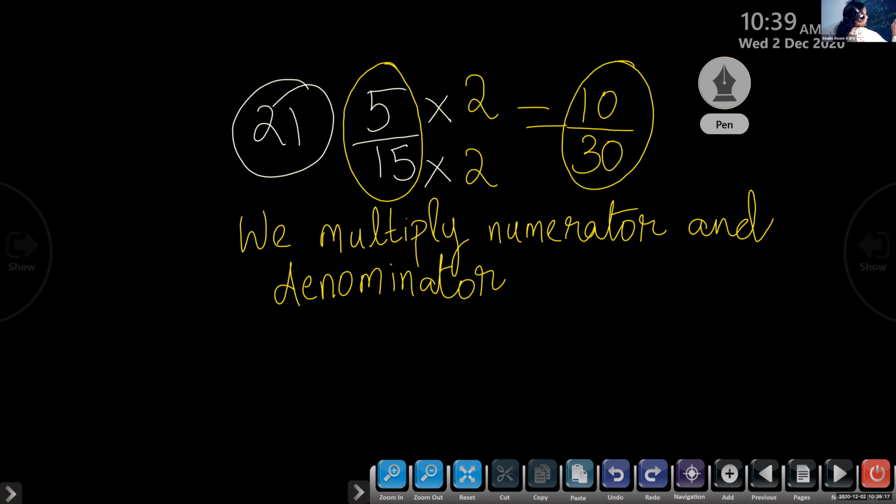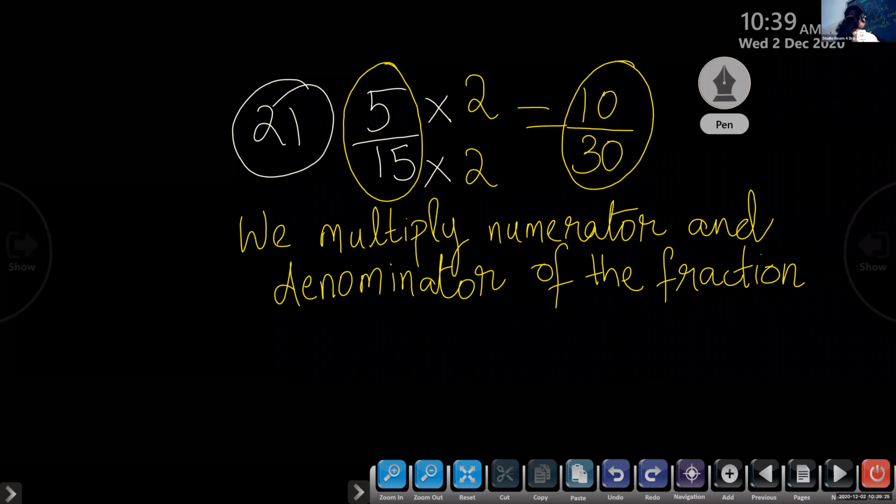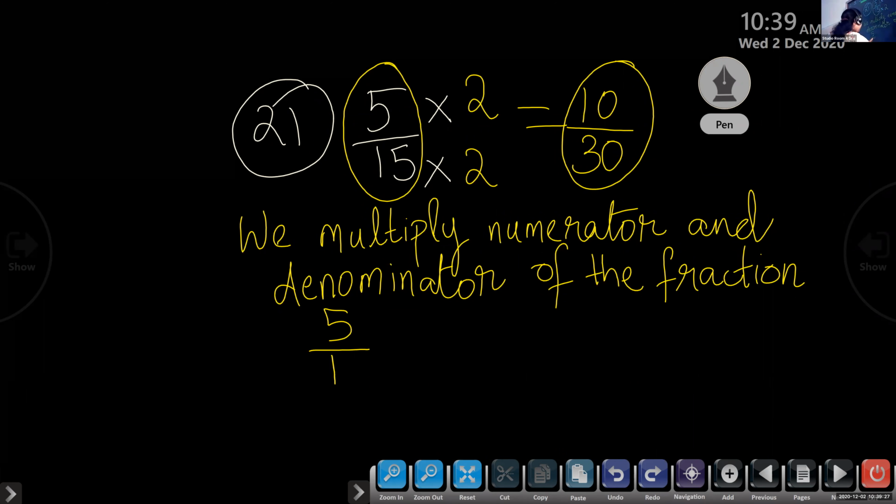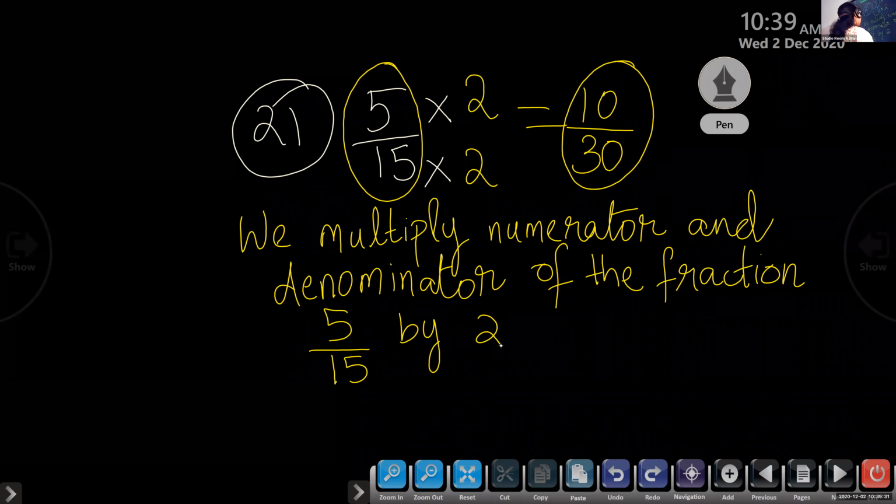Which is the fraction given? Of the fraction 5 by 15. By which number we have done? By 2. So what we have done here, children, to make equivalent fraction, we multiplied both numerator and denominator by the same number 2. So 5 twos are 10, 15 twos are 30.